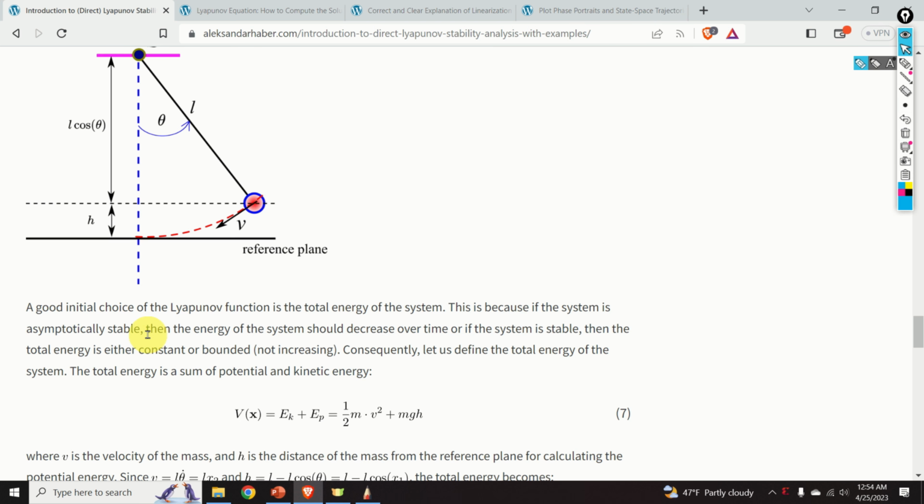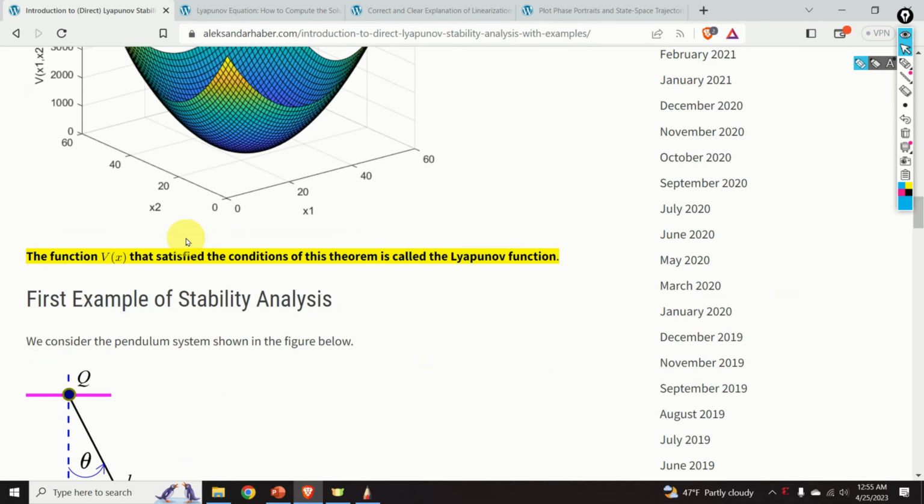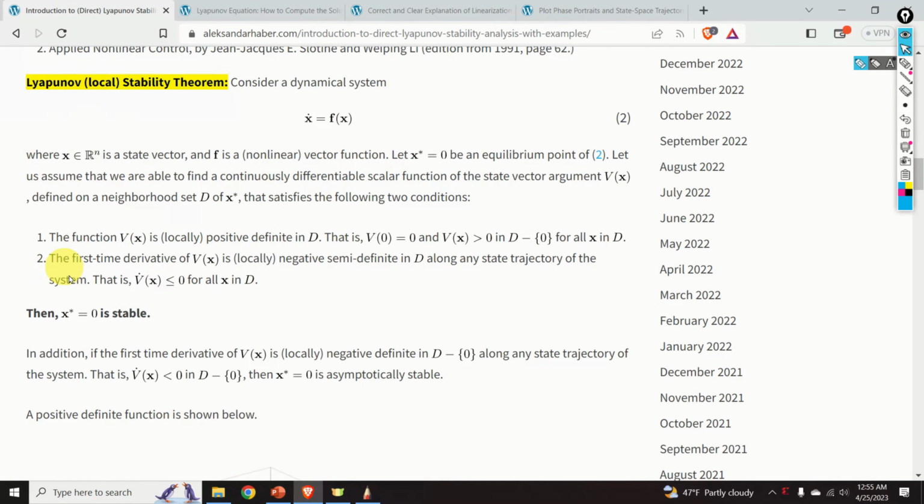Next, let us select a Lyapunov function for this system. Note that when we investigate the stability of the system, we have a freedom of choice. That is, we can freely select our Lyapunov function candidate. I say candidate because not every function is actually a Lyapunov function. A Lyapunov function is the function that satisfies the conditions of this theorem.